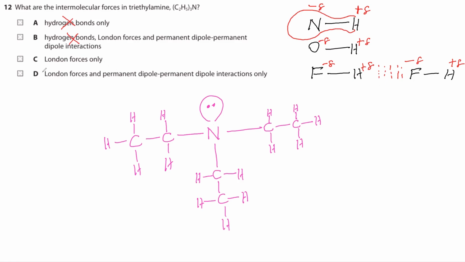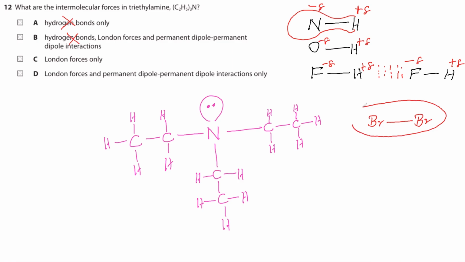C says London forces. Yes, obviously any molecule with an electron cloud can form London forces, because London force means an instantaneous induced dipole. For example, I'll take a bromine molecule. When 2 bromine atoms share electrons exactly in the middle, their electron cloud is symmetrical.